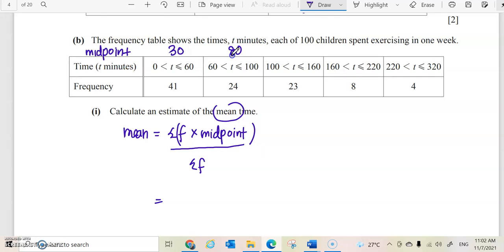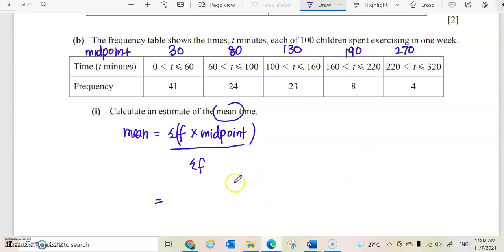Okay, and then 100 plus 160 divided by 2, we get 130 here, and then 220 plus 160 divided by 2, so we get 190. And then the last one, 320 plus 220 divided by 2, and then we get 270. Okay, so we get the midpoint.